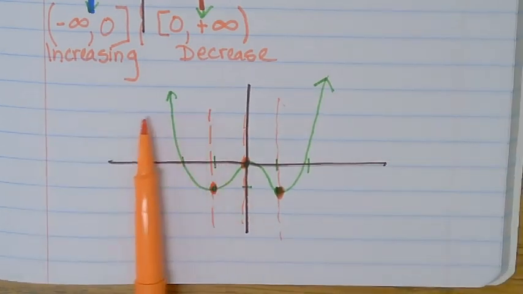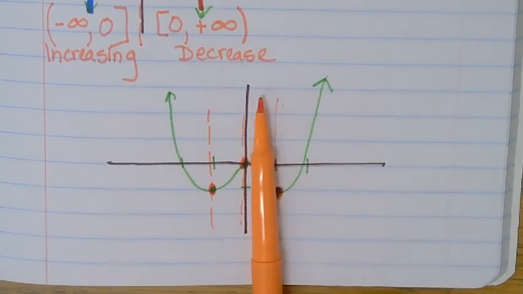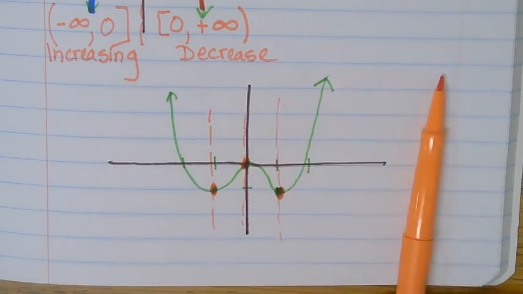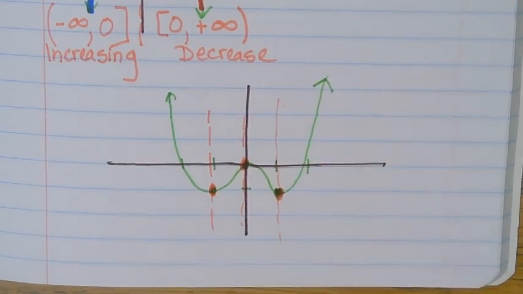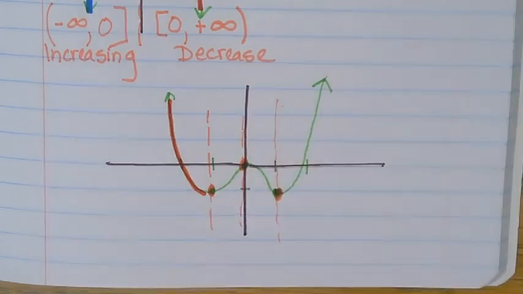We have this area, what's happening, this area, what's happening in here, and then what's happening over here. So thinking from left to right, this first section, what is it doing?